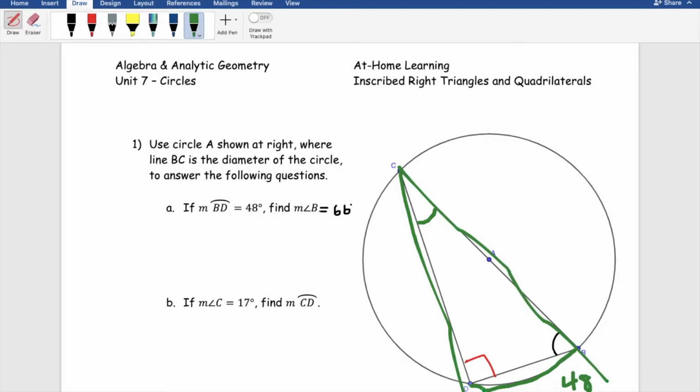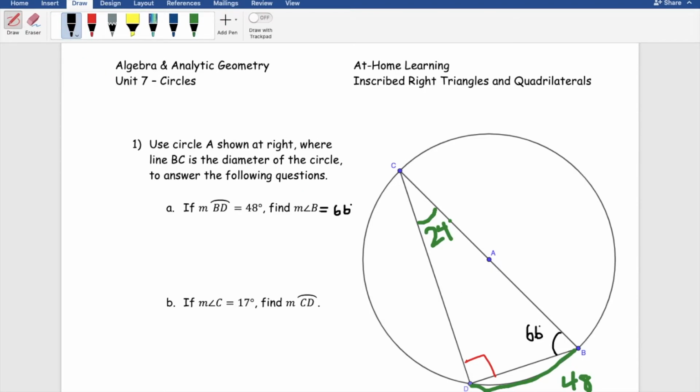Hey, look, I've got this green arc inside of it. So all I've got to do now is say, how do I know how many degrees this is? Oh, wait, that's literally what we just did with the other example. We cut our arc in half. 24 degrees up here. Well, if you've got 24 here and you've got 90 here, 90 plus 24 is 114 degrees, and 180 minus 114 will also give you a 66-degree angle down here.